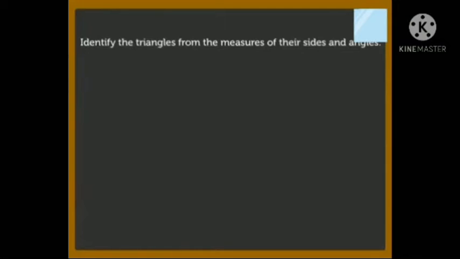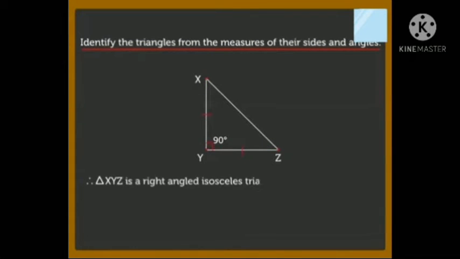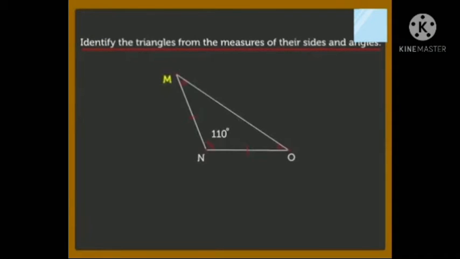Now let's see some examples using measures of their sides and angles. We have to identify the given triangle XYZ: angle Y is 90 degrees and sides XY and YZ are equal. So triangle XYZ is a right angled isosceles triangle. Now in this figure one angle is 110 degrees and two sides are equal.